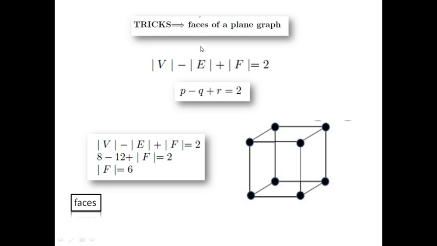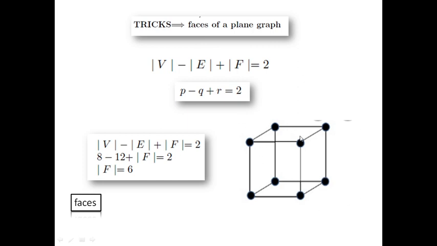See how to find the number of faces in a planar graph. Just remember this: modulus of V minus modulus of E plus modulus of F is equal to 2. V is nothing but the number of vertices, E the number of edges, and F represents the number of faces. It is easy to find the faces this way.